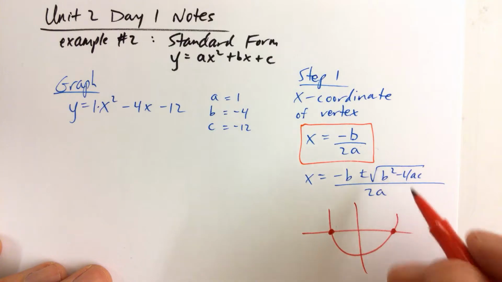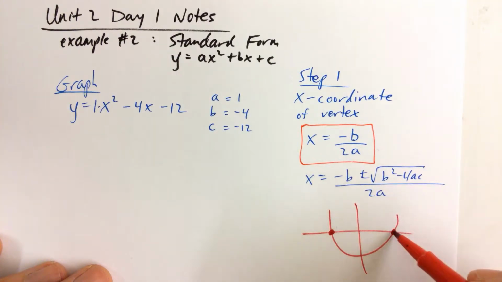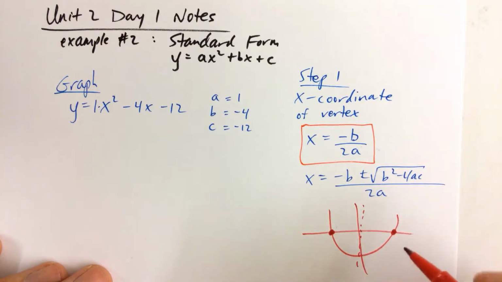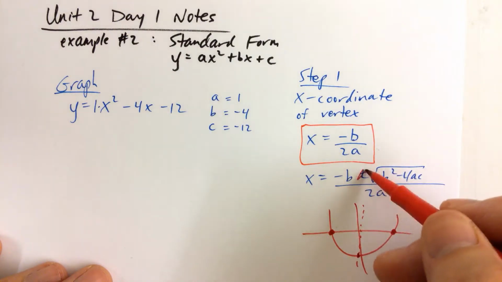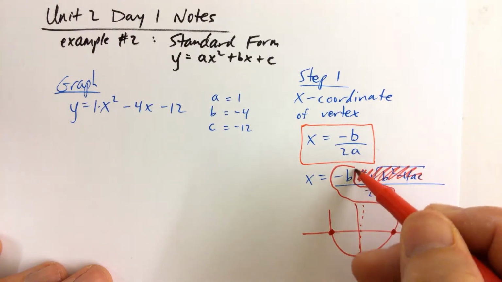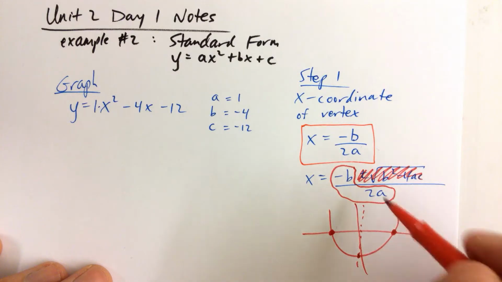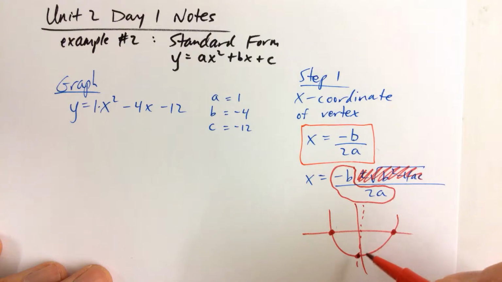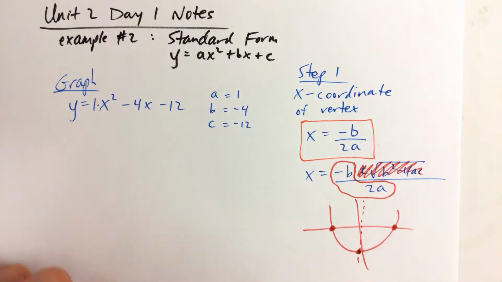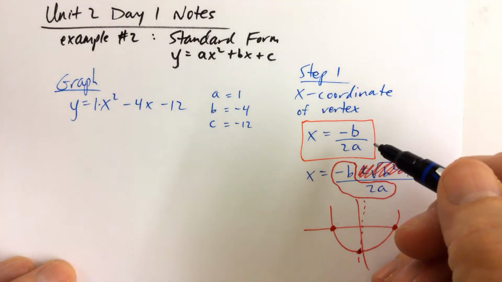The solutions to the quadratic equation are the x-intercepts of the quadratic function, and they're equidistant from the axis of symmetry. And the axis of symmetry is the one that splits the vertex. So if we throw away the positive side and the negative side, we're left with negative b over 2a, which is the one right in the middle. That's the x coordinate of the vertex, which is also the axis of symmetry. So that's a little background as to where that comes from, so maybe it'll help you remember it.